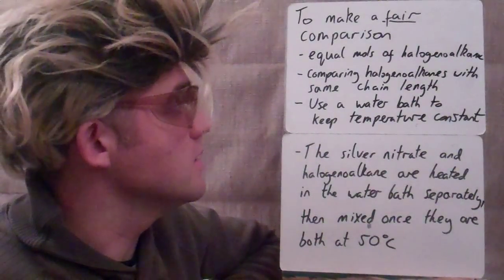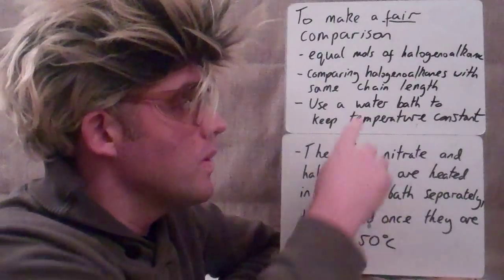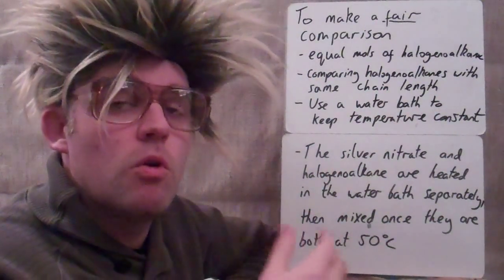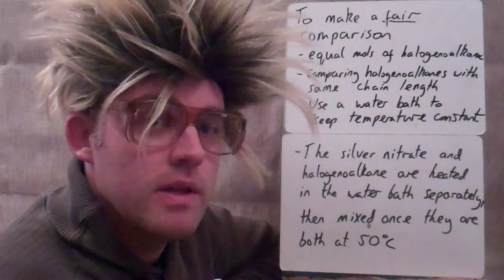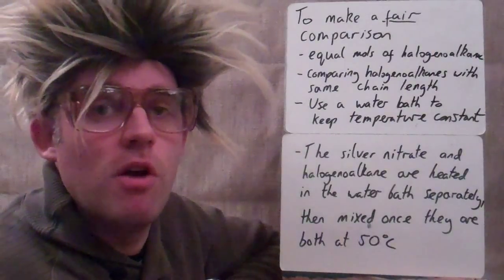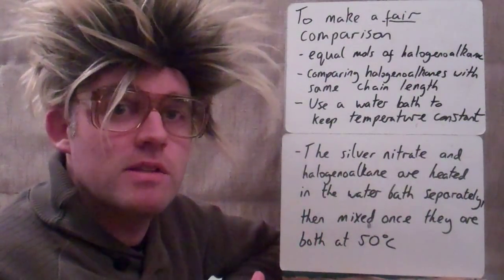So we have equal moles of the three things that we're comparing in this case. And we're keeping the chain length the same, so they're all something ethane, so chloroethane, bromoethane, iodoethane. Okay? I'm not having one that's got three carbons rather than two, so I'm keeping that factor the same.